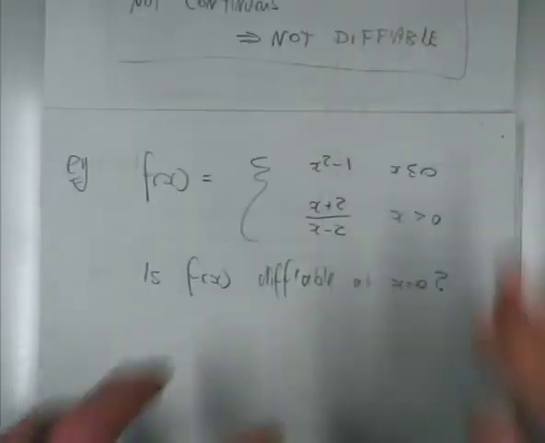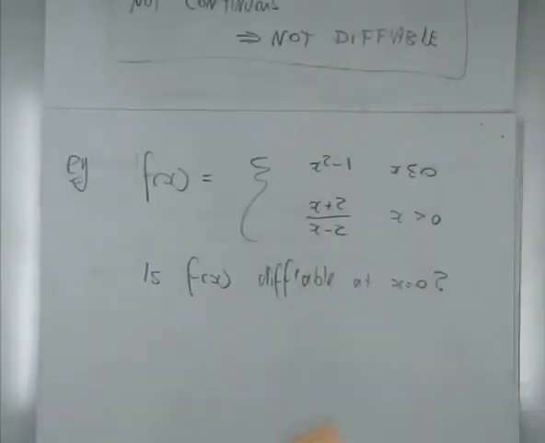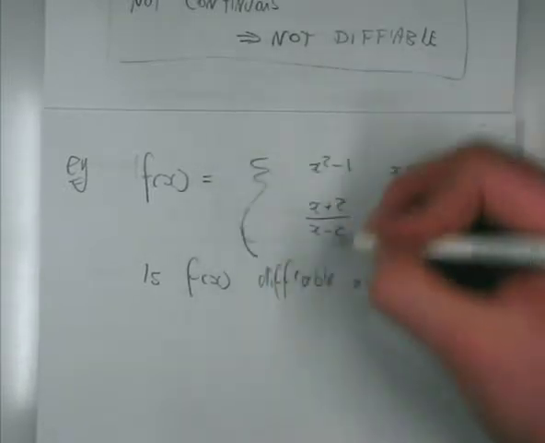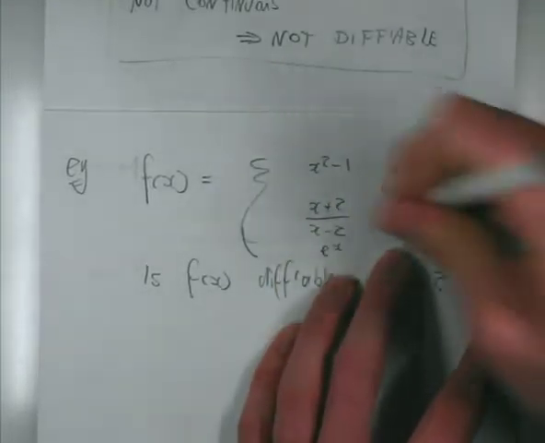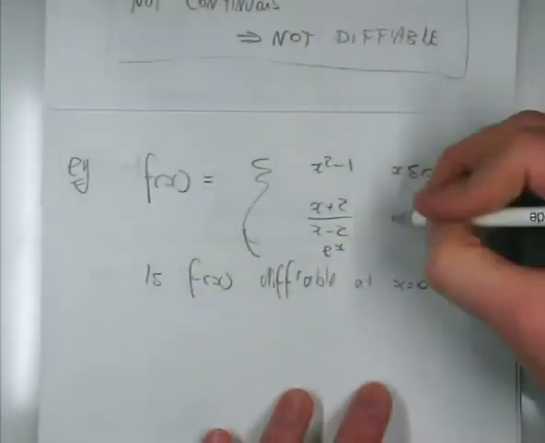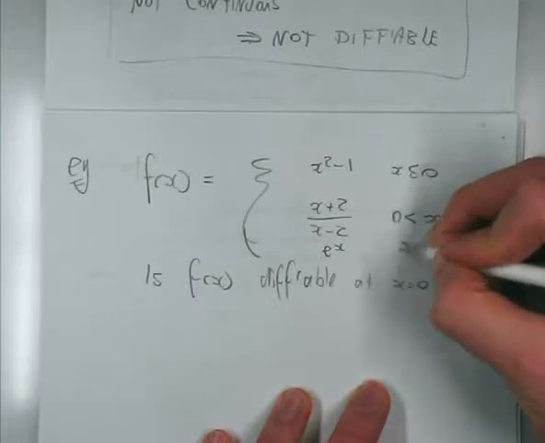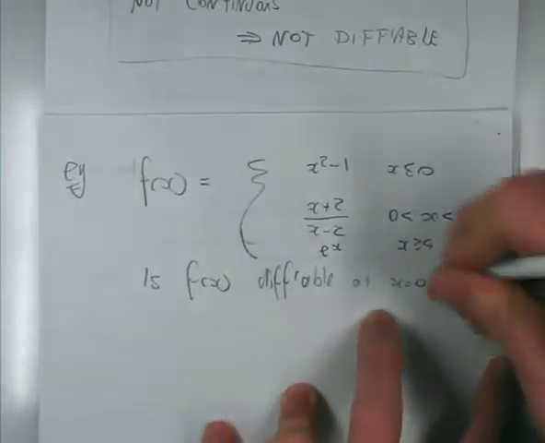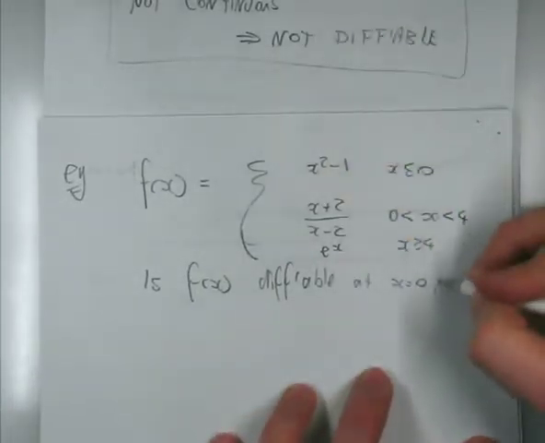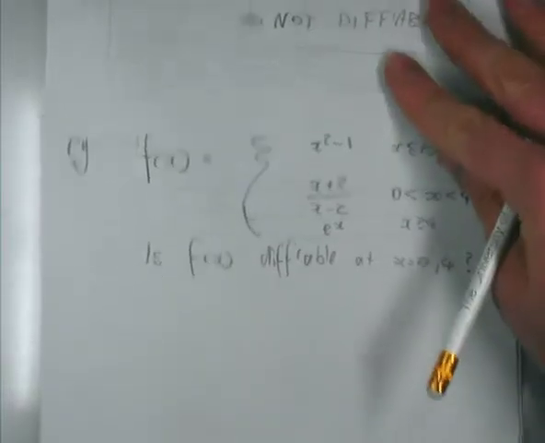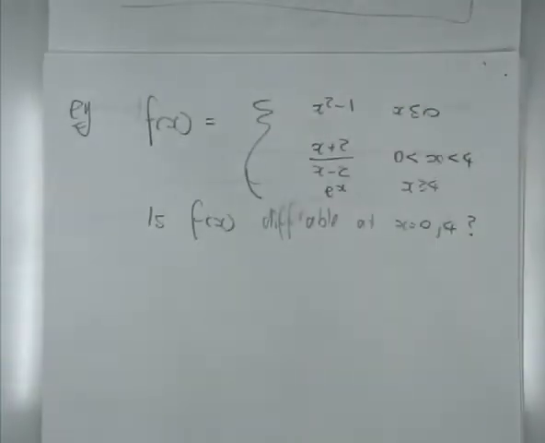Okay, so first you check. Actually, I'm just going to do exactly the same function because it's worth pointing out. At x equals 0 or 4. Back in the previous example, we figured out that it wasn't continuous when x was equal to 4, so it can't be differentiable.